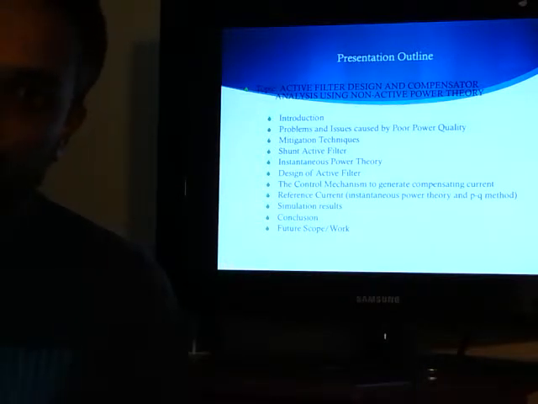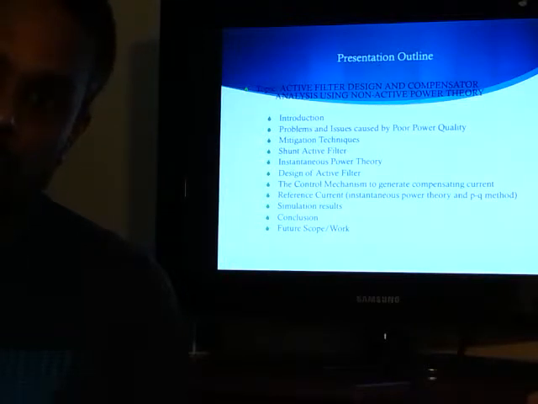One of the techniques that is used is the shunt active filter.